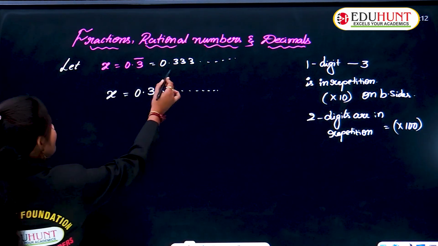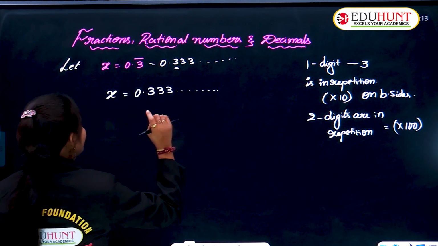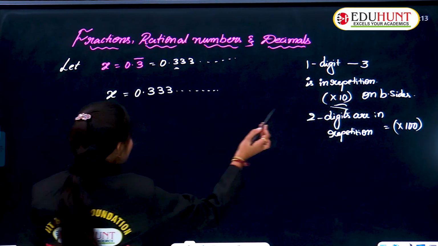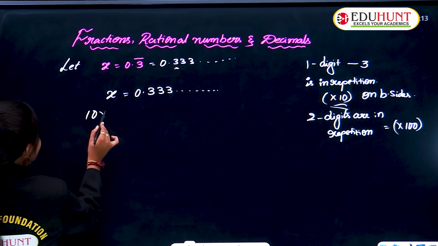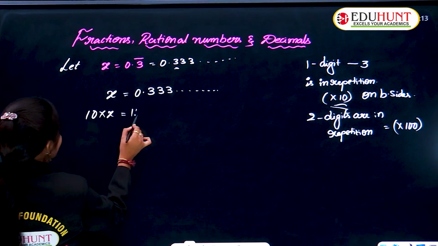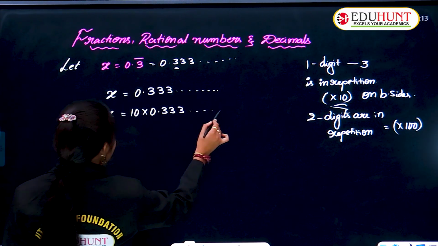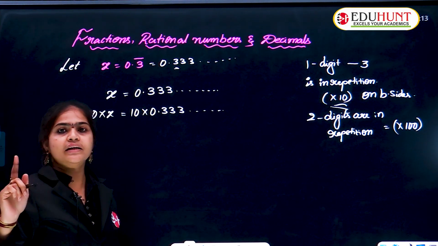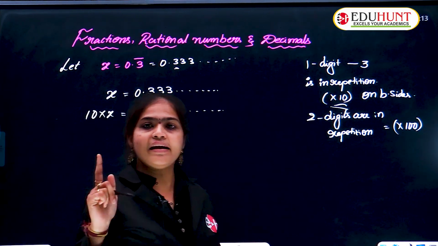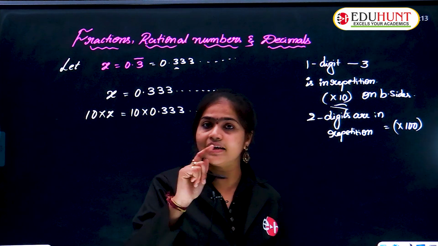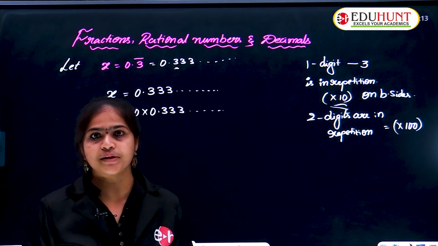Here, how many digits are in repetition? Only one digit. That's why we multiply by 10 on both sides. Then 10 into x is equal to 10 into 0.333 and so on. How to multiply and divide decimals we will discuss later in concept 5.